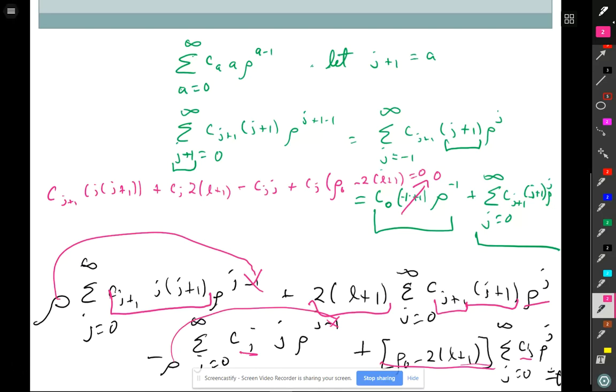Now, what's beautiful about this is it has C sub j plus 1 and C sub j. So what I can do here is I can say, I'm going to change colors, C sub j plus 1 is equal to C sub j times, and if I move all the C sub j's, all the signs, I'll have, and then the others will be minus.